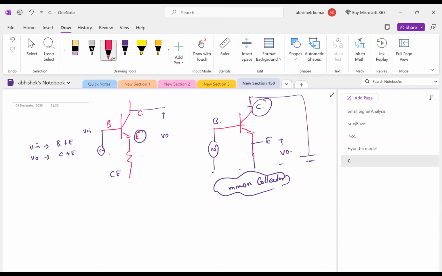If I put one resistor here, then what you will tell? Still it will be common emitter, because you are giving input to base and taking output from collector. Okay, got it. Just think like that. Whatever is left out, that is the configuration. Don't make it complex. Is it making sense to you? Yes, sir.